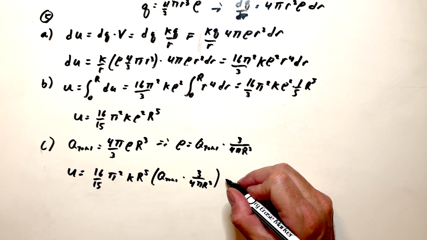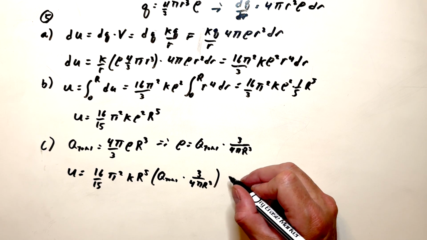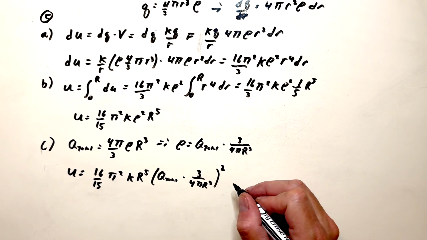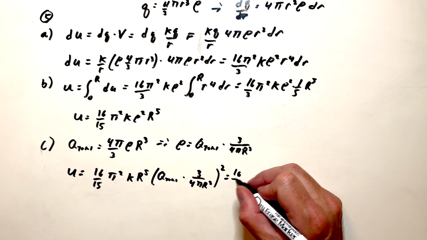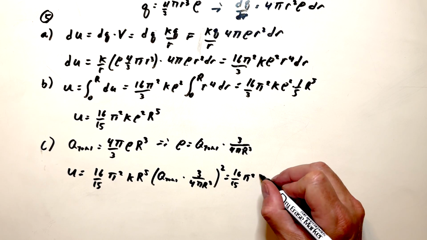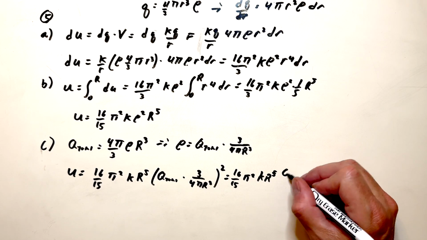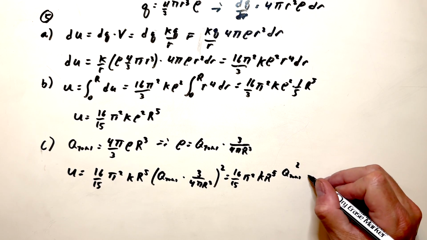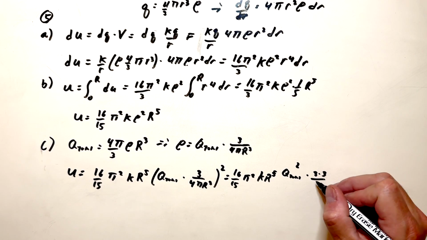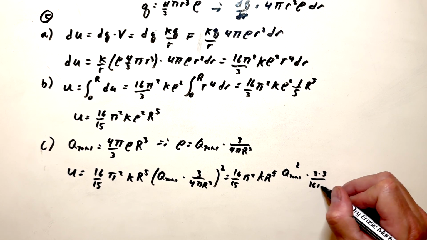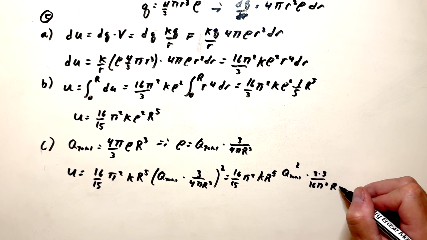And we can do some simplification here. Let's see. Oh, we've got to square this. That's nasty. Okay, so what does that give us? We have the 16 over 15 pi squared k R to the 5th, and we'll get Q total squared times 3 times 3 over 16 pi squared R to the 5th.